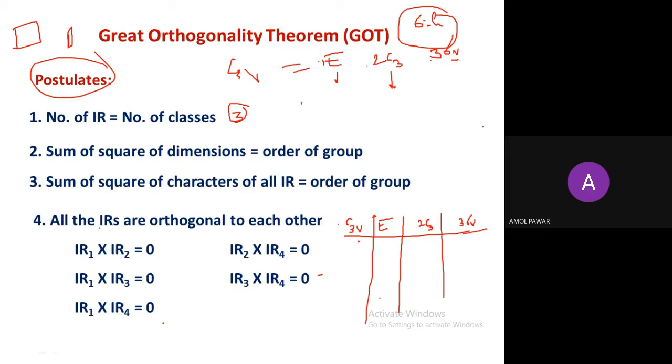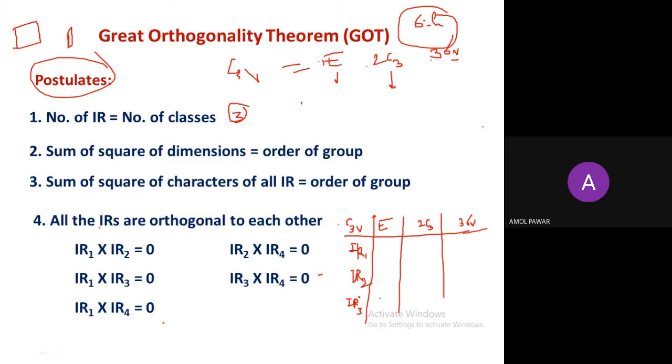Class is here 3, so definitely irreducible representations are IR1, IR2 and IR3. Irreducible representation 1, irreducible representation 2 and irreducible representation 3. Or you can write lambda 1, lambda 2 and lambda 3.